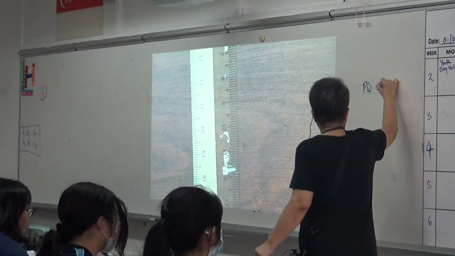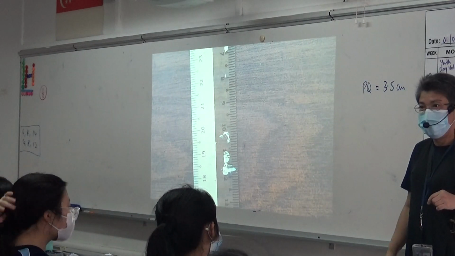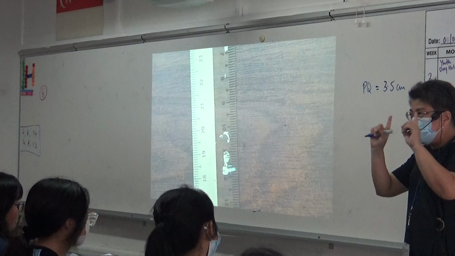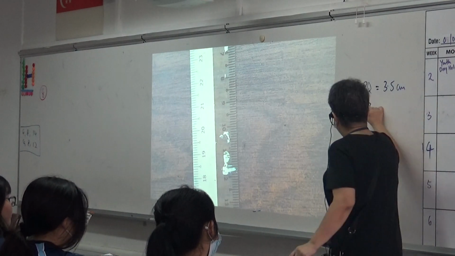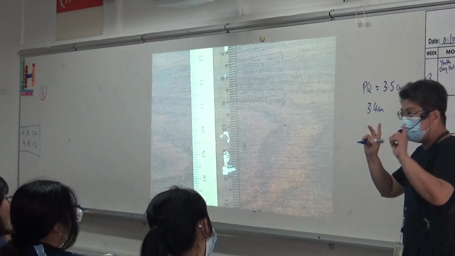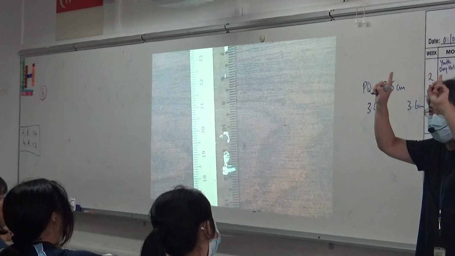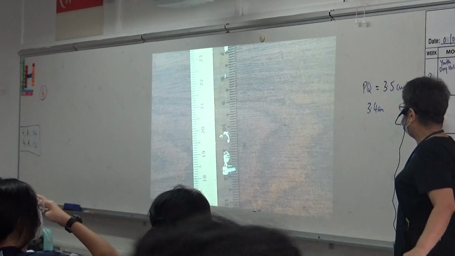Now, if my accurate answer is 3.5 cm, we do allow a certain margin of mistake. Understand? If you have 3.4 cm or 3.6 cm, it's acceptable. That means plus minus 0.1. But if you have 3.3 or 3 or 4 cm, then cannot.